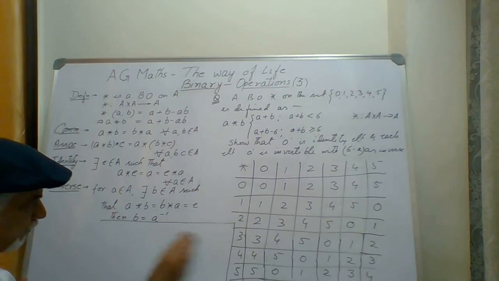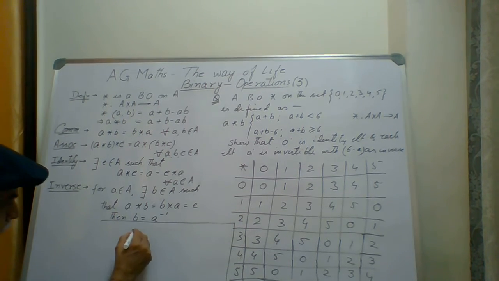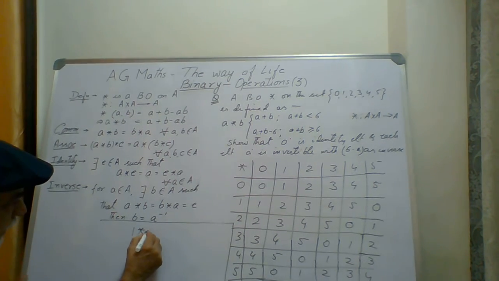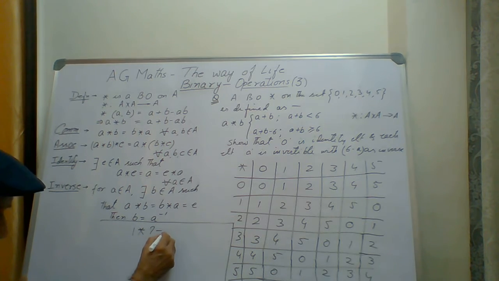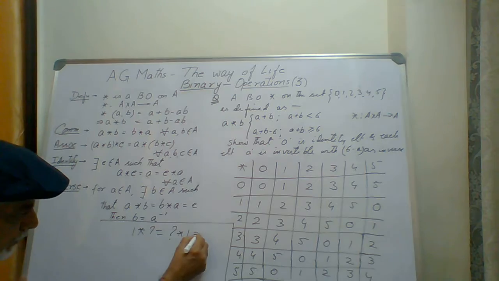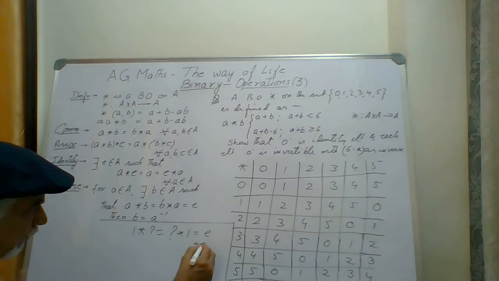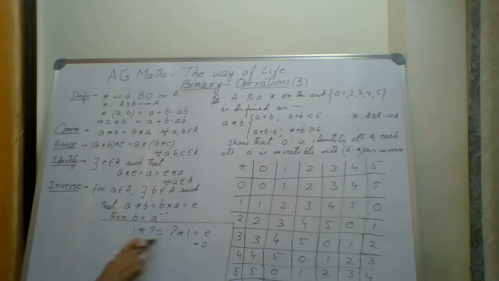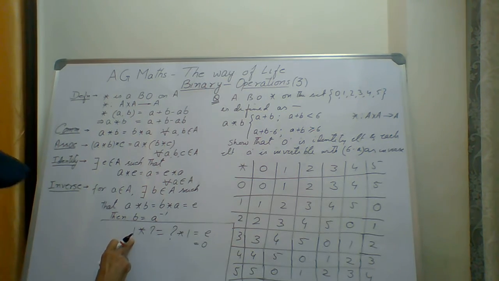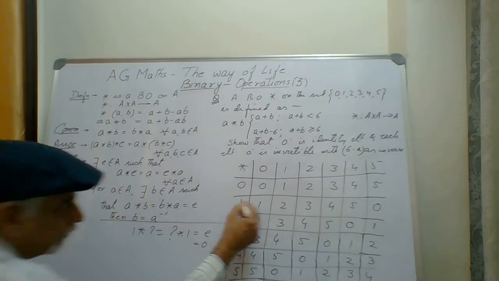Right. Now we have to show that each element is invertible with 6 minus A. For invertibility, we write A binary some number should be equal to that number binary A, and that should give me the E. E here is nothing but 0. So where am I getting 0 with 1? With 1, I get 0 at 5, from here to here.